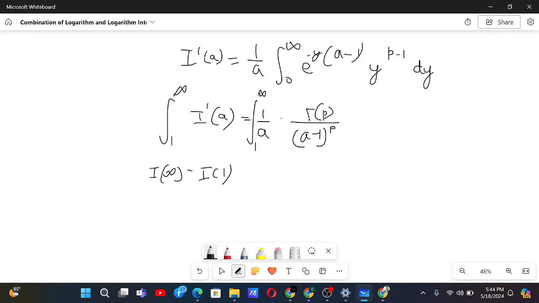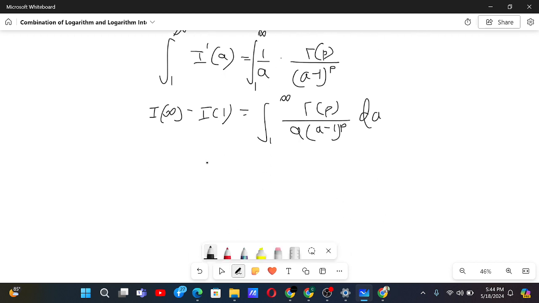And now we need to do the other side. We integrate from 1 to infinity gamma p by a minus 1 to the power p, da. Now this is just minus I of 1. For this one, if you let x equal a minus 1, this will clearly simplify. This will go from 0 to infinity, and then gamma p.